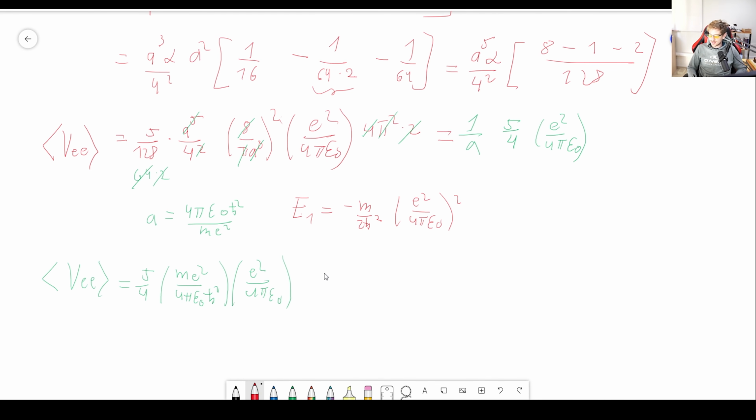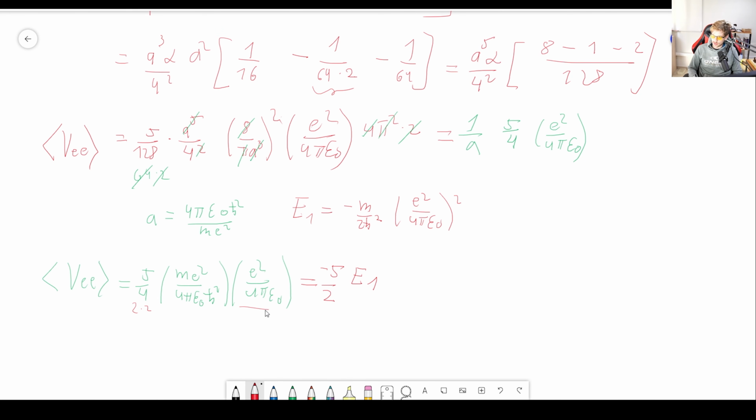As you can see, we have m e squared squared. We have 2 h bar if we take a 2 from this, right? So 4 is 2 times 2, so we take one of those 2's. And then we have 4 pi epsilon 0 squared, and we have h bar squared. So basically, we have 5 over 2, and we have to consider a minus sign, so minus, and then we have E1.